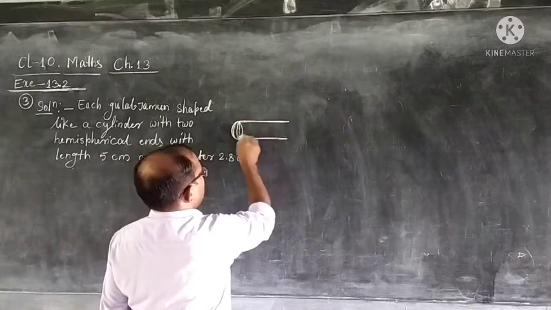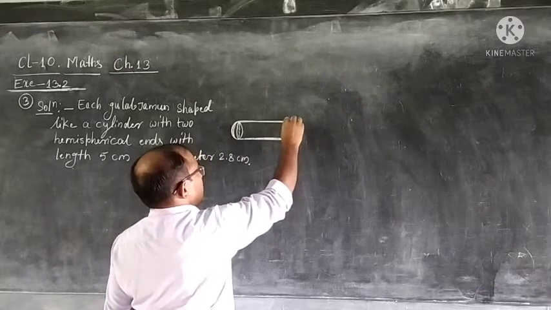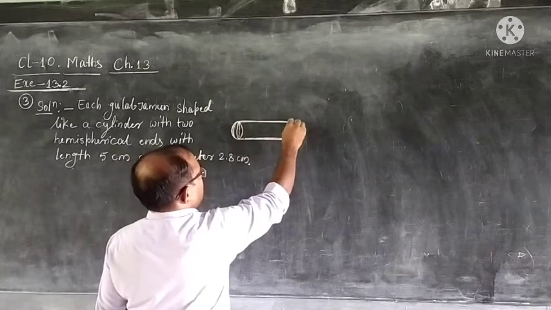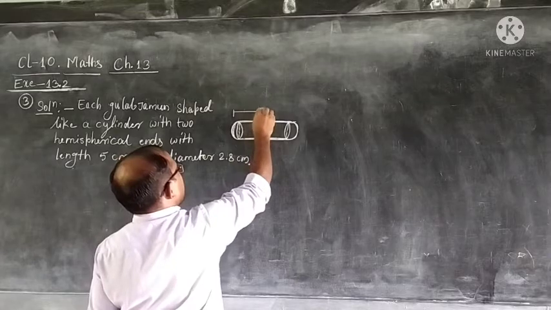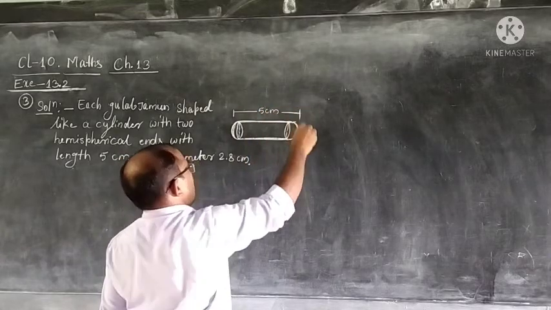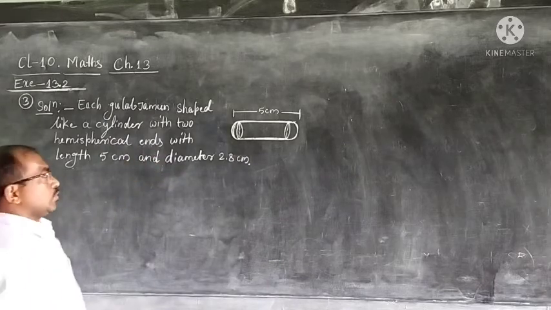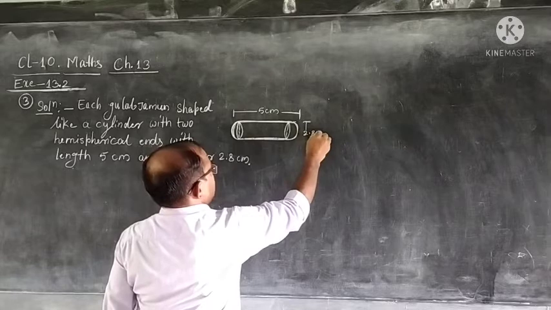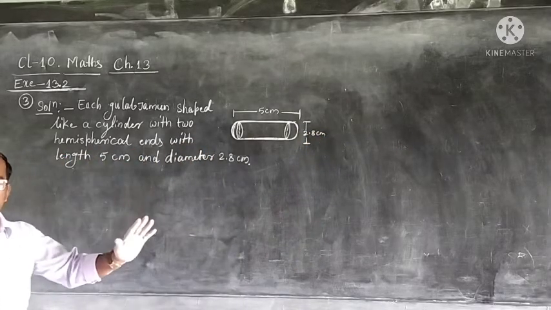Two ends are hemispherical. This will be for cylindrical portion. Total length is 5 centimeter, that means including both hemispherical ends and cylindrical portion. Diameter is 2.8 centimeter. So, 2 hemispheres, 1 cylinder it has.